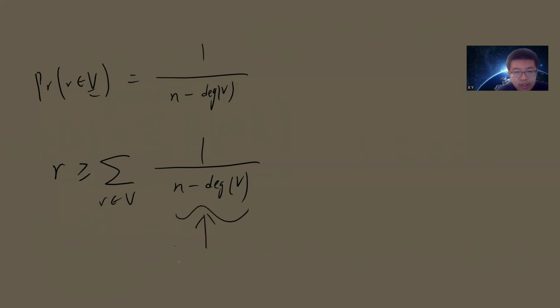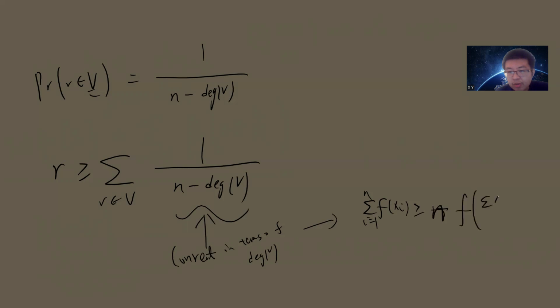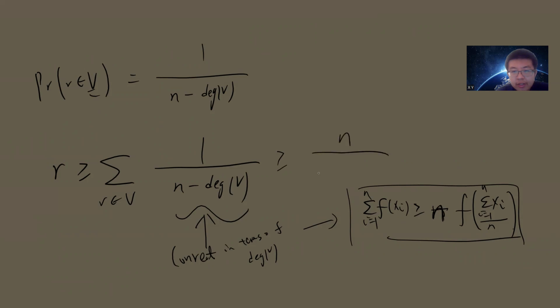Notice that this function is convex in terms of degree of v. If you have a convex function, the sum of f(x_i) from 1 to n is greater than or equal to n times f of the average, which is the sum of x_i divided by n. So this is greater than or equal to n divided by n minus the average, the sum over v of degree of v divided by n.